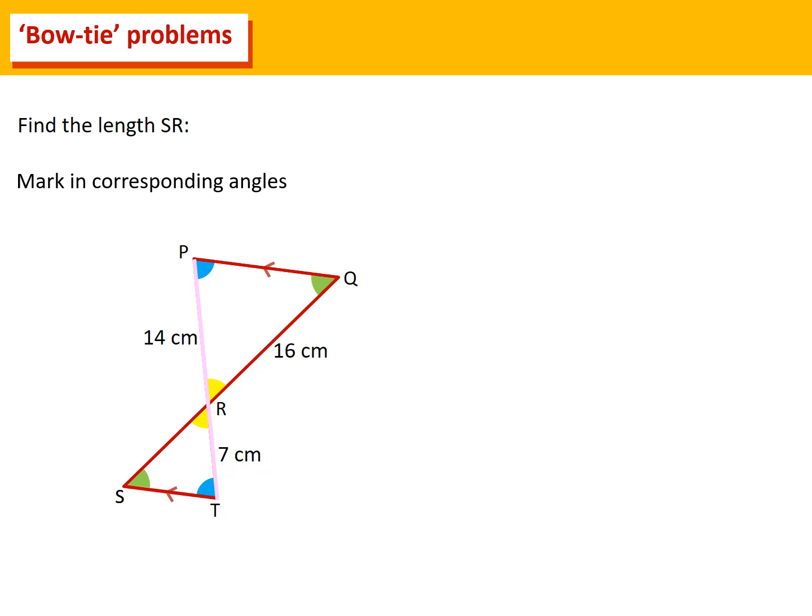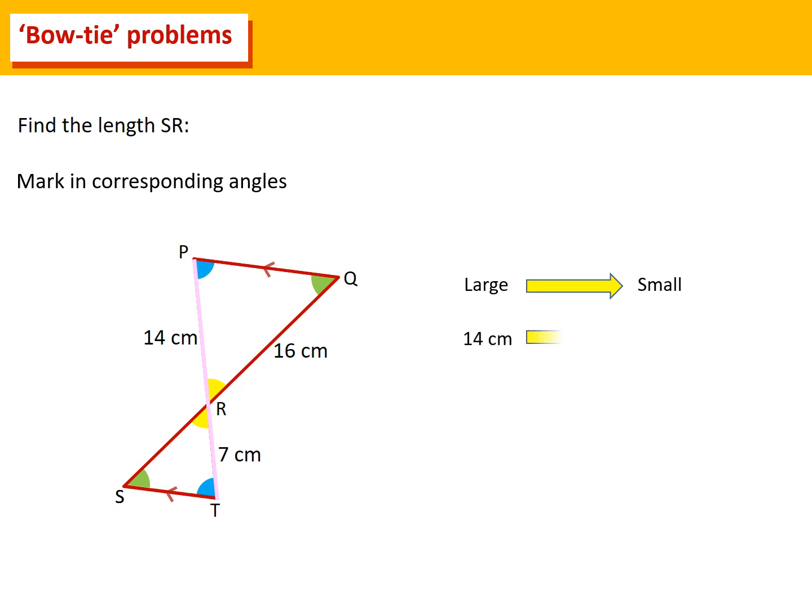Now it's always the case when your diagram is a bow tie that if you just join one of the crisscross lines in, just draw one of those lines in, the two parts of the lines are corresponding. So similarly, from Q to S, if we were to draw that in, which we will in a minute, QR corresponds to SR. Therefore, what's the scale factor from the large triangle to the small triangle?